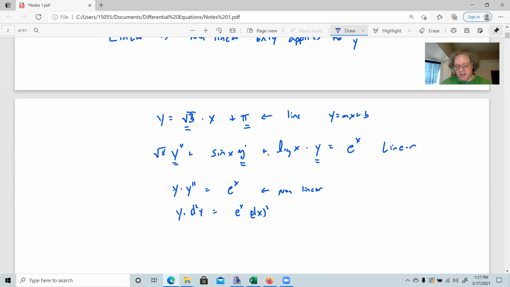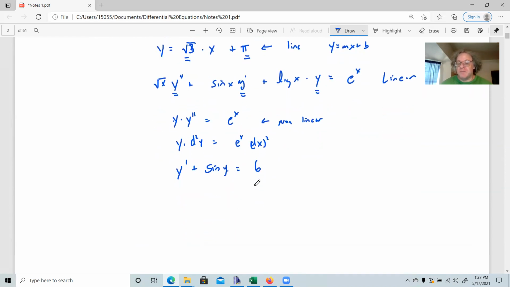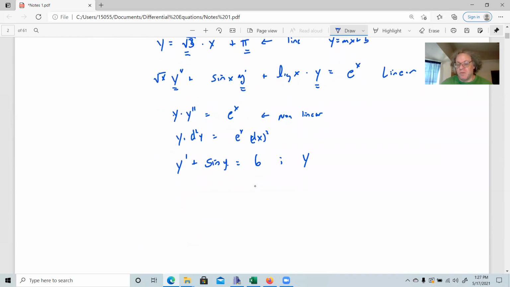Similarly, if I did y prime plus sine y is equal to say 6, not linear, mostly because the y is inside of a sine function, and that's not a linear function. You could have a coefficient, that's fine. If I said y prime plus 6y was equal to x, that's fine as a linear because the 6 is a coefficient. The coefficients don't matter.